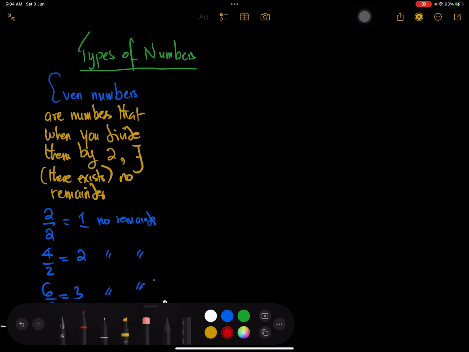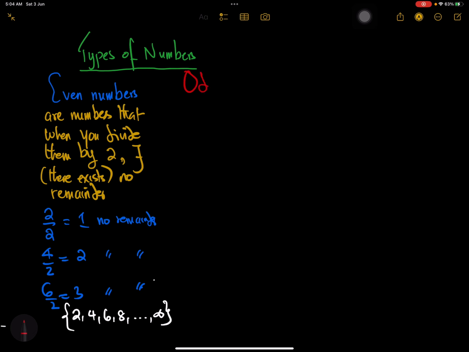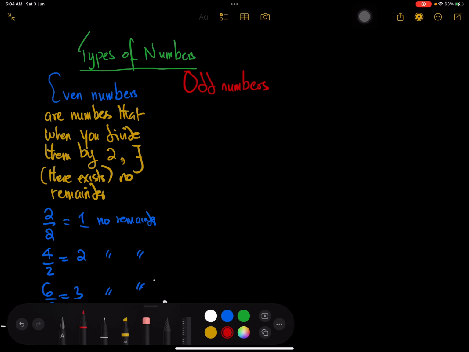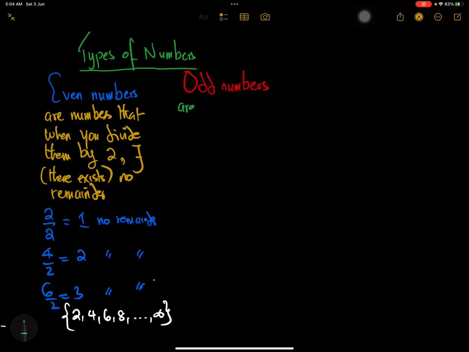Okay, let's move on. The next type of number we would like to consider is what we call odd numbers. They are numbers that when we divide by 2, there exists a remainder.